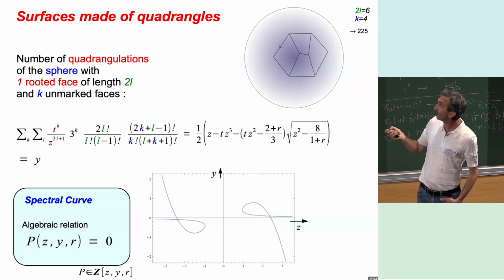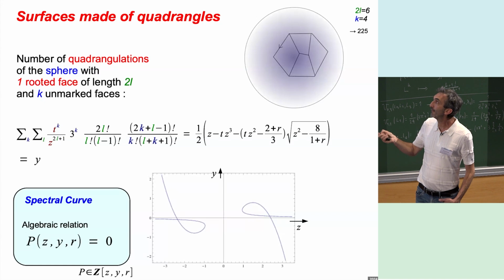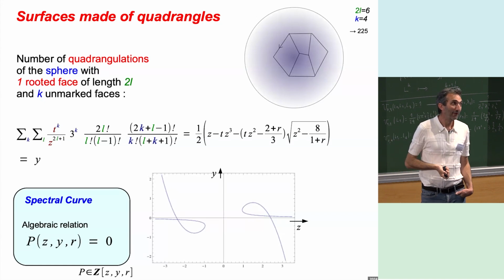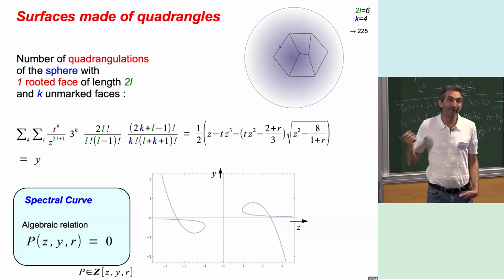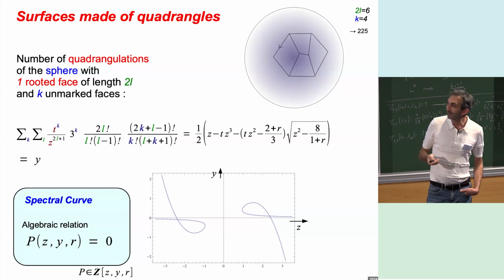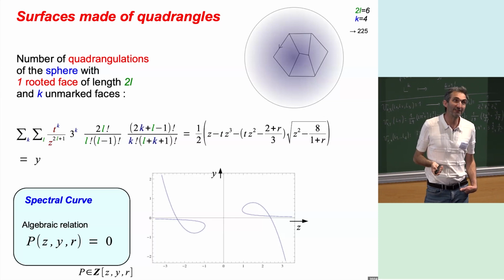But now, in fact, you should not think of it as a one-dimensional curve in the two-dimensional plane. You should think of that in terms of complex. When I say one-dimensional curve, I mean one-dimensional complex. Which means that you should not plot it in R cross R, but in C cross C, which is R4.